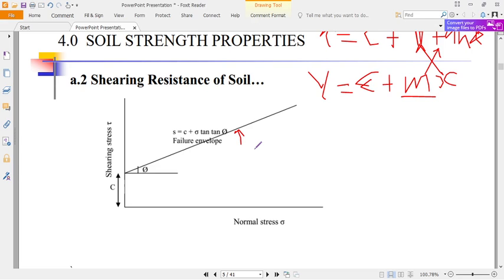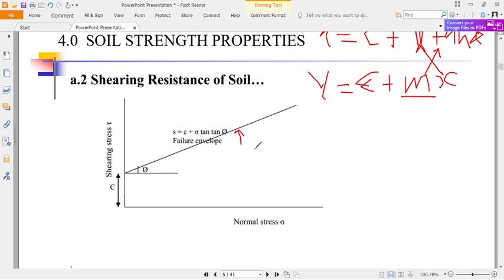Remember, when it twists, the base is fixed, but the top will try to twist. As you can see, it is twisting because of the shearing at a fixed point here. Now, the tan of this small angle will be equal to the change in x.